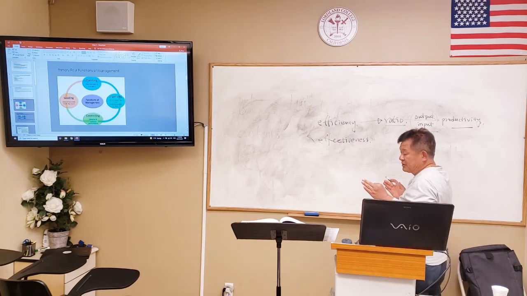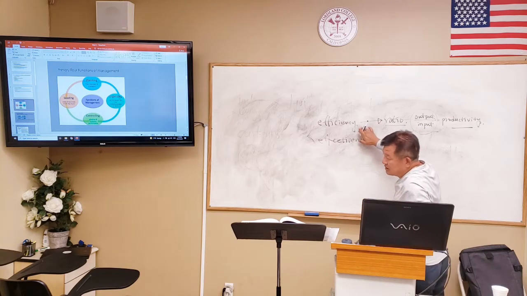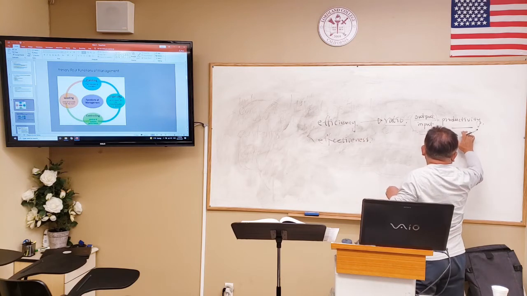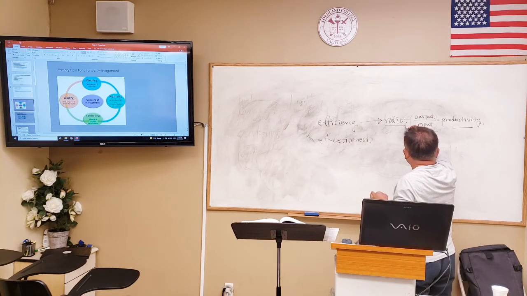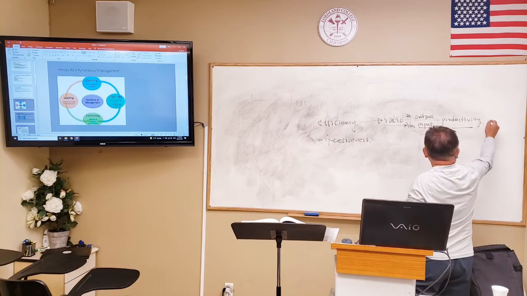Most corporations or organizations have some goals through efficiency. How to get efficiency for productivity? For example, minimize input, because its output is itself, and the other method is maximize output, and then productivity goes up.